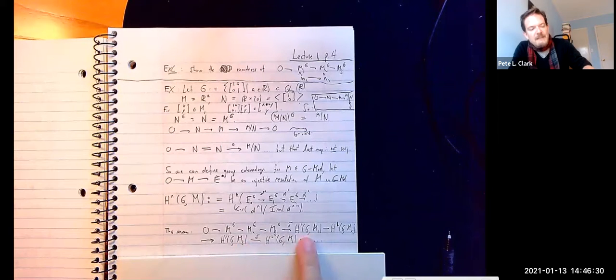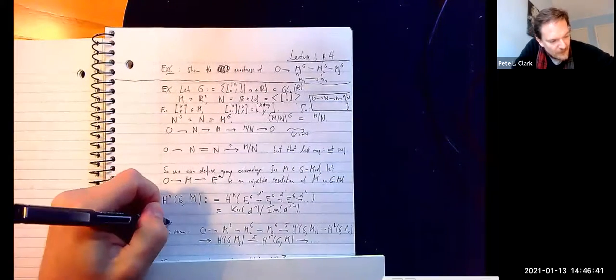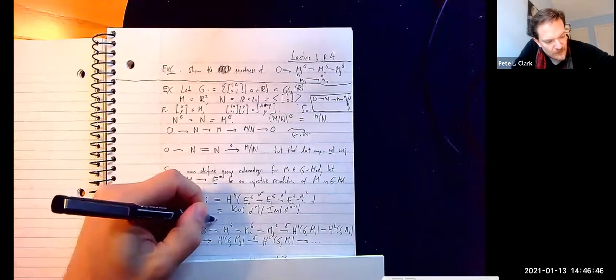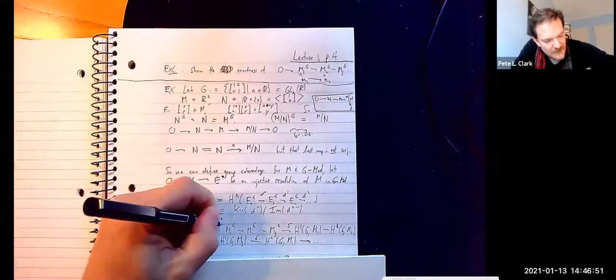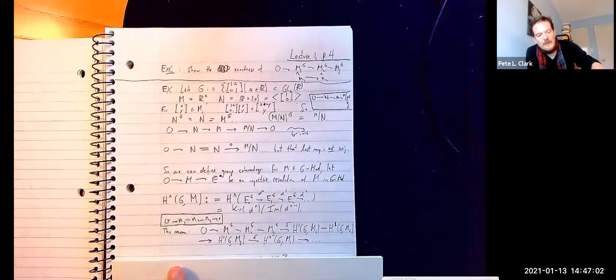That means, if the functor of G invariants had actually been exact, and I started with a short exact sequence of G modules and took G invariants, I would still just get a short exact sequence of Z modules. I just showed you an example that it's not right exact in general. So it gets more interesting, but there's still something.